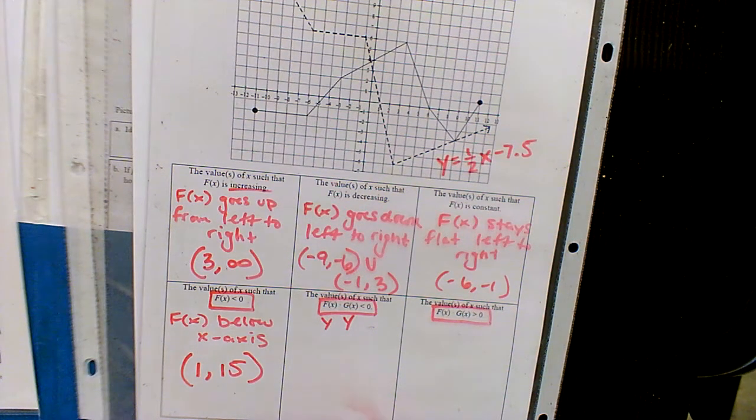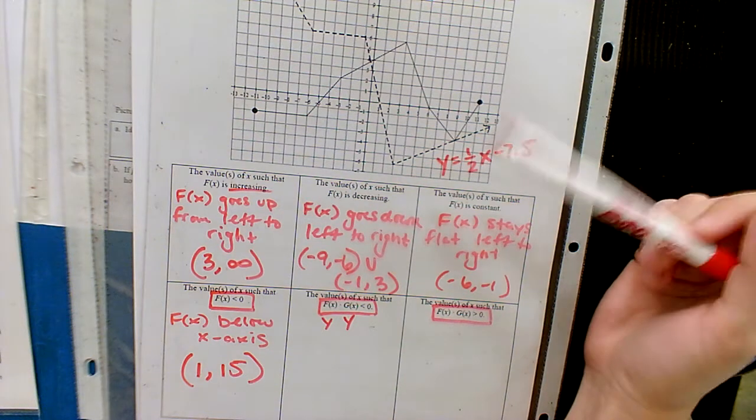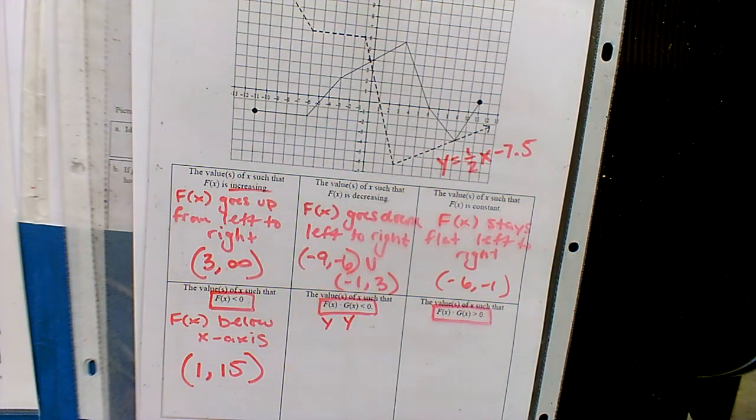So if we're going to multiply two things together and our answer is negative, would you be multiplying a positive and a negative? That's your only option, right? If you're multiplying two things together and your answer is less than 0, meaning negative, one of those two things has to be negative, right? So what should we be looking for on the graph? We need one y value to be positive, another one to be negative.